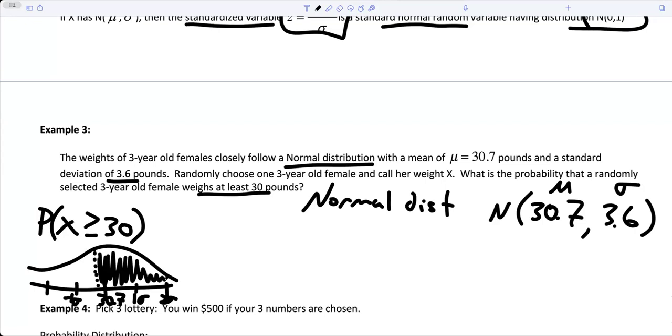So if it's a free response question, you need to find the z-score. So let's do that. I've got z equals X, which is 30, minus the mean, which is 30.7, divided by 3.6. And so somebody help me out. What's my z-score?